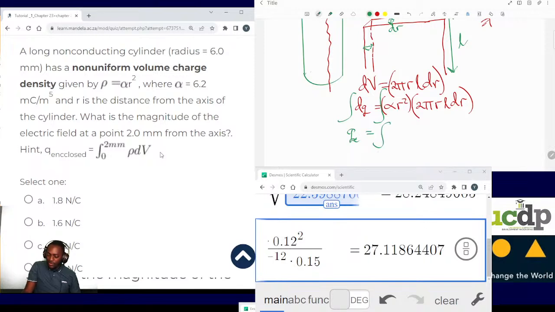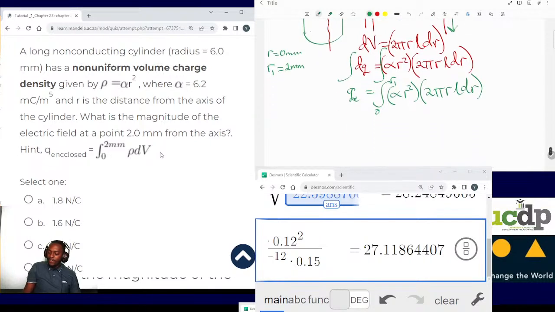So our integral should run from r equals 0 to r1 equals 2 millimeters. So I'll give my upper limit as r1. I'll put my alpha r squared times 2 pi r L dr like that.